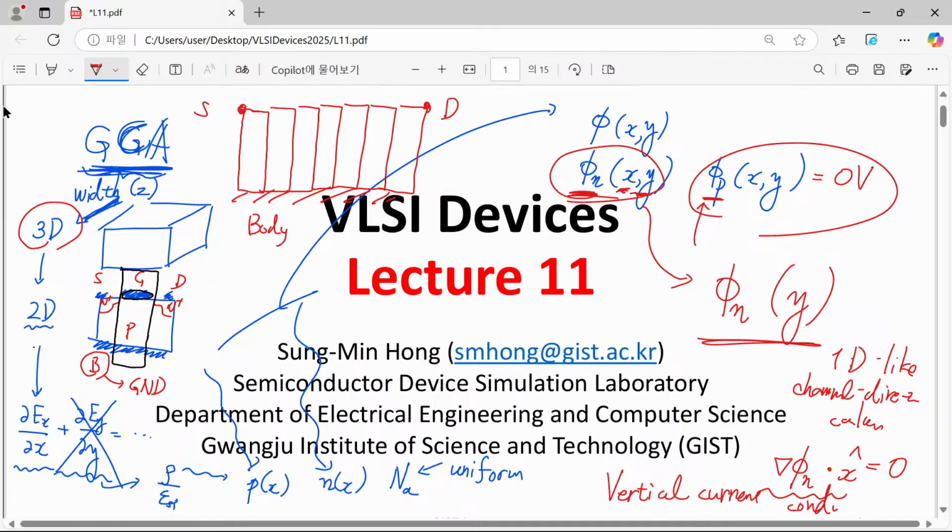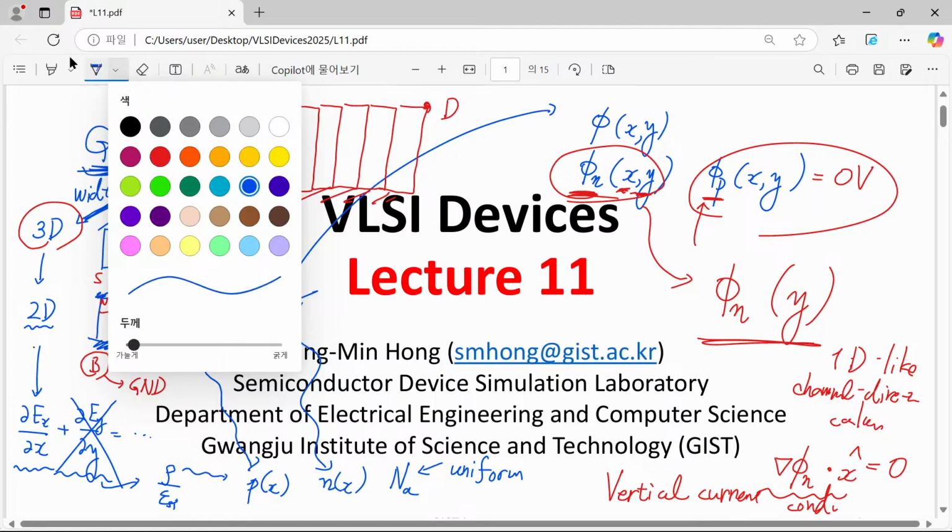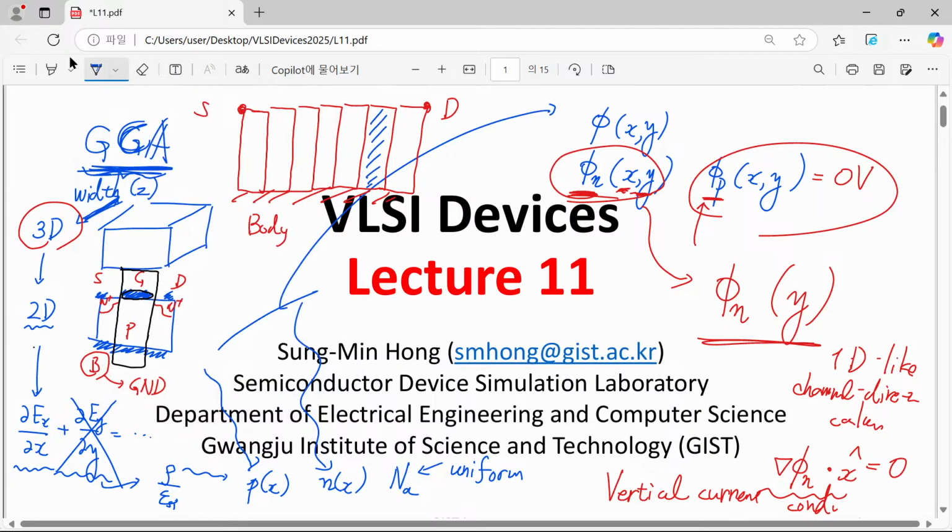And the important point is that inside this slab here, for example, corresponding to a certain y value, we can define a unique value of electron quasi-Fermi potential written as V of y.